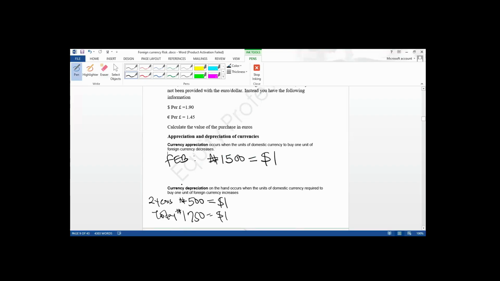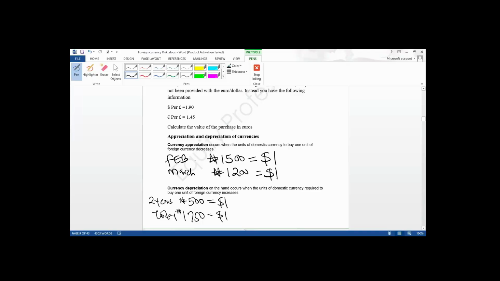In the month of March, 1,200 equal to $1. What has happened to Naira? Naira has appreciated relative to dollar.